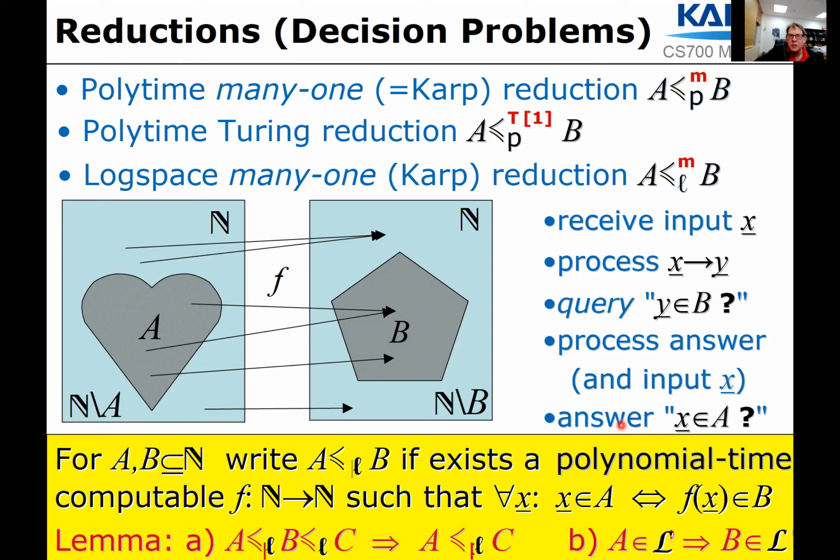So that's a difference between many-one, also called Karp reduction, on the one hand, and Turing reductions on the other hand.